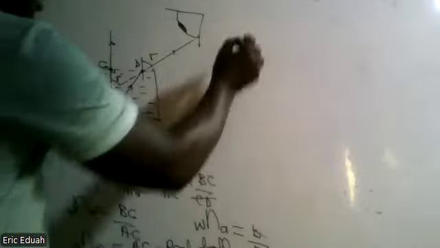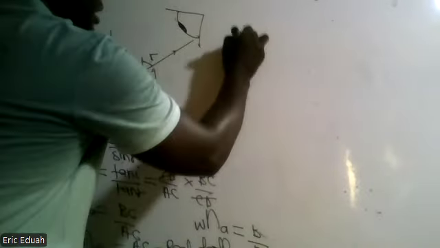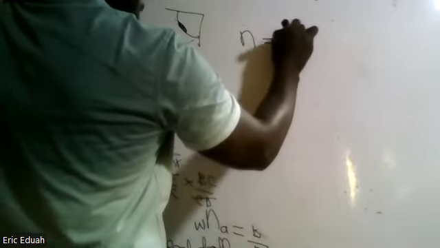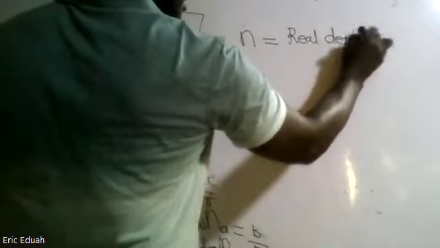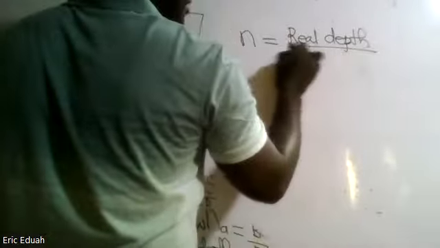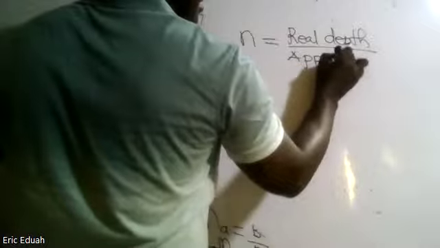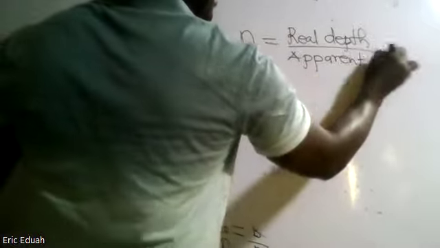All right. So all that we are saying is that for this optical illusion, refractive index can be calculated using real depth over apparent depth.